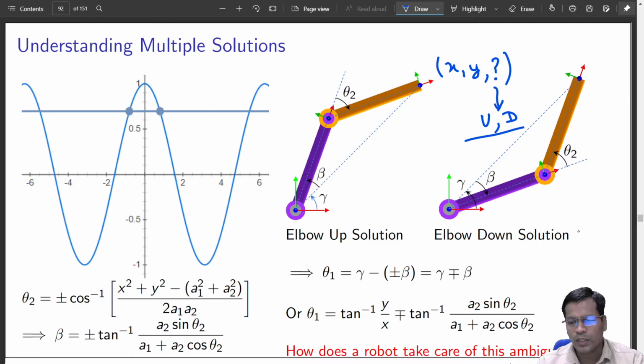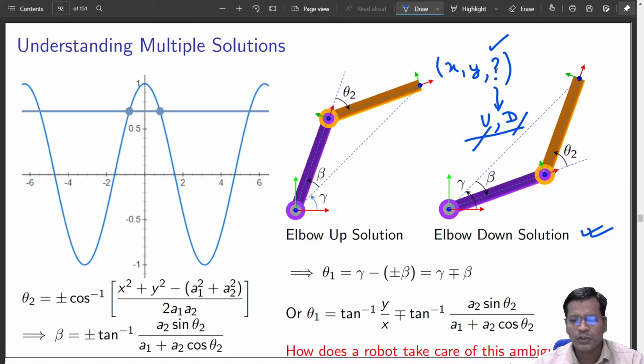In the case of KUKA industrial arm robots, there is an additional parameter which takes care of this, known as status and turn. We'll talk about status and turn when we get to the 6 degrees of freedom inverse kinematic solution. Over here, just one additional parameter is enough, that is elbow up and down.